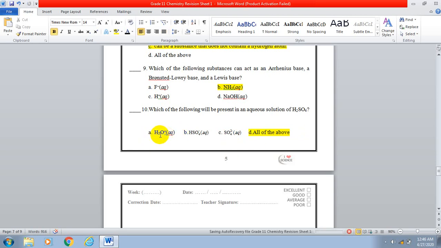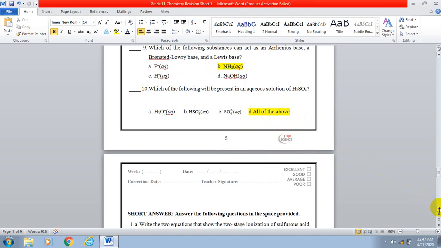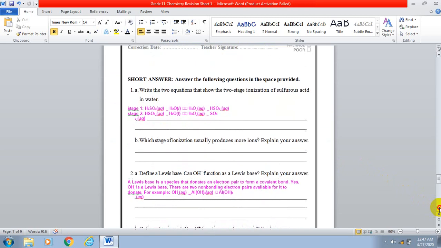The A option is H3O plus, HSO4 minus, sulfate with charge minus 2, and all of the above. So all of the above, in an aqueous solution of sulfuric acid. Now let's proceed towards the next short answers, which are quite important for you guys.